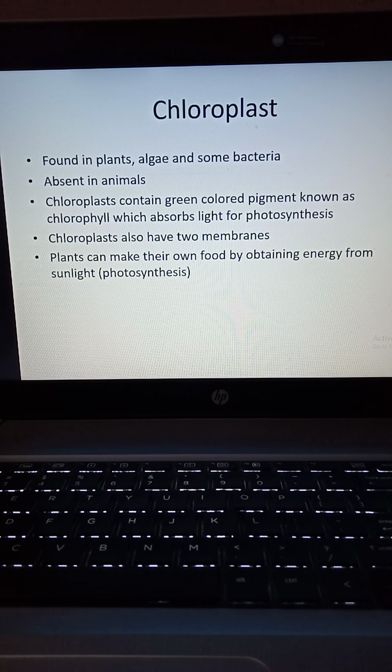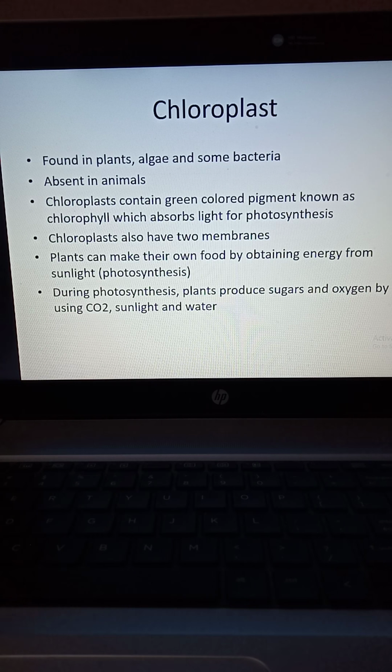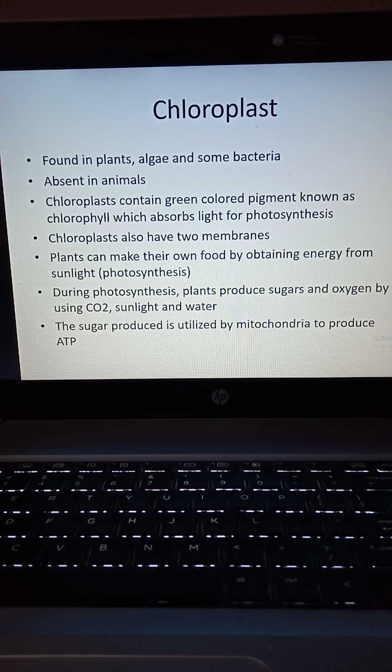Plants can make their own food by obtaining energy from the sunlight, and the reaction is called photosynthesis. During photosynthesis, plants produce sugars like glucose and oxygen by using carbon dioxide, sunlight, and water, as I have mentioned in the chemical equation for you. And the glucose produced is utilized by mitochondria to ultimately produce ATP.